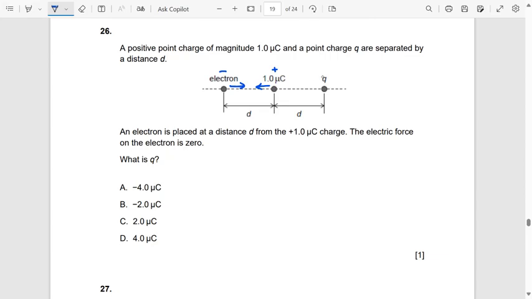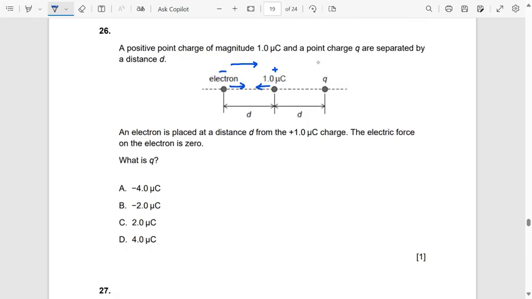Now, if we look a little bit further over, yes, it's being attracted to this one, but Q must be repelling it from that distance. That must be quite a beast. That must be repelling it from 2 times the distance to prevent it being attracted at all to the centre.